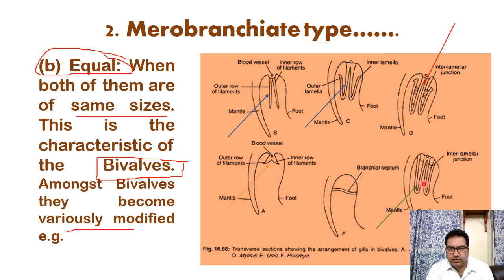We do have the example of the Unio, wherein the ciliary junctions are replaced by the membrane. And fourthly, we do have the example of the Poromya, wherein the ctenidium has degenerated and is represented by the transverse portion. So we do have all of the examples.